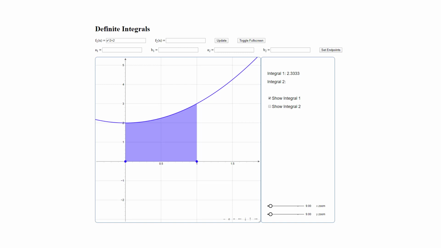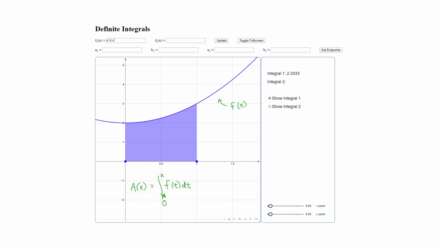So for instance, the accumulation function of x, we said, was the integral from lower bound a up to x of f of t dt. So if this function right here is my f of t, and what I'm doing is calculating the area under that because I'm doing a definite integral, I've set my lower bound for this particular function to be 0. So I'm going to leave that always as 0, but this upper bound can be different.